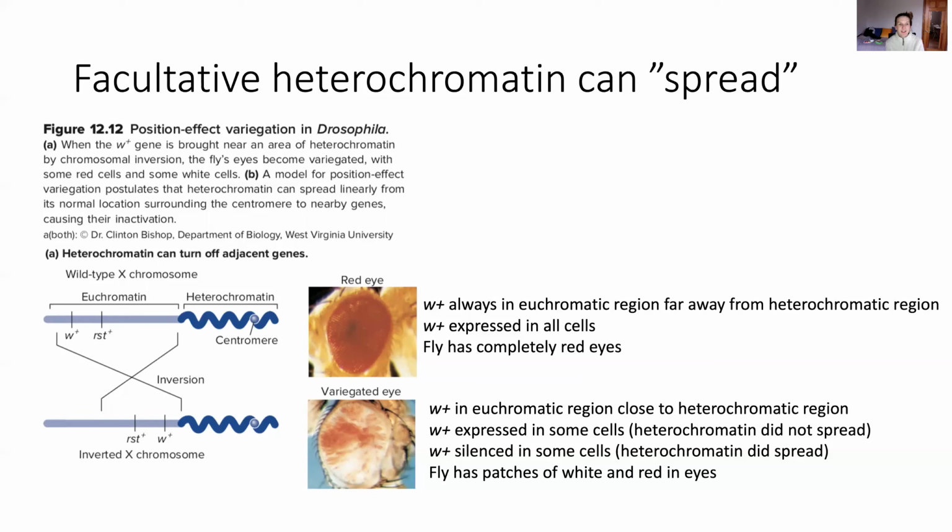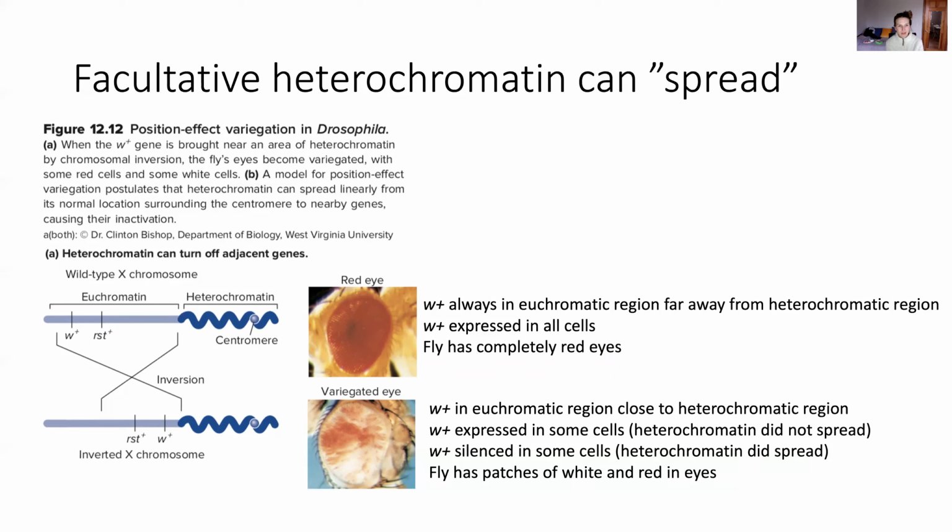That's the blue squiggly line. And remember, heterochromatin is not being expressed. There's a region of euchromatin, the lighter blue straight line. And on this wild type X chromosome, there are two genes, white, the wild type white gene, and then roughest, the RST, so the wild type roughest gene.